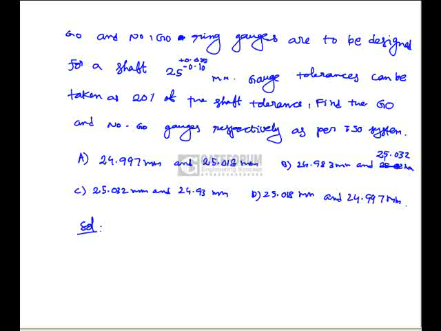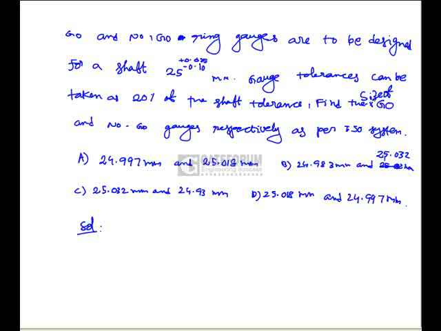That means find the size of go and no go gauges respectively. Here the options are 24.997 mm and 25.018 mm, 24.983 mm and 25.032 mm, C is 25.032 mm and 24.93 mm, and option D is 25.018 mm and 24.997 mm.